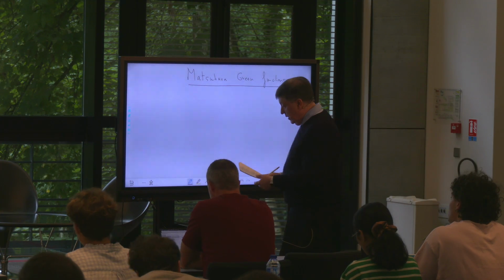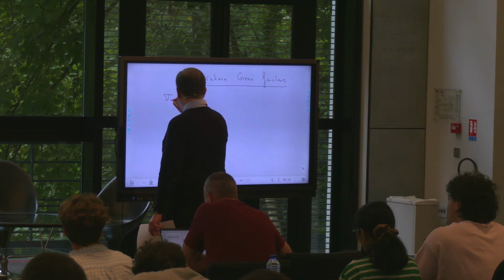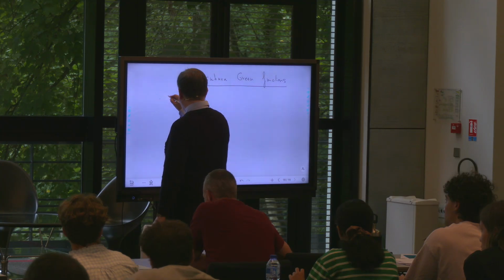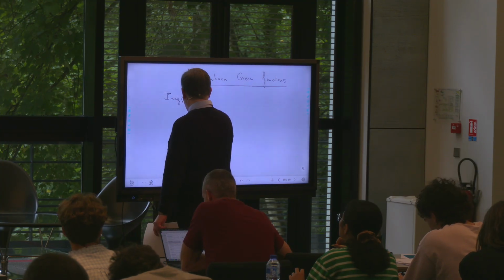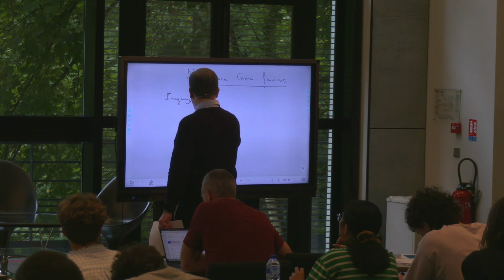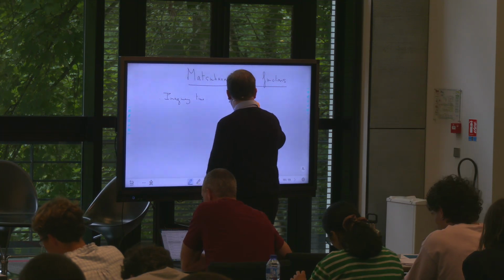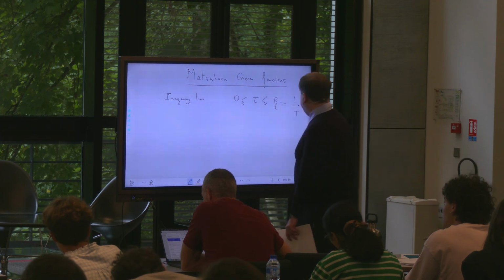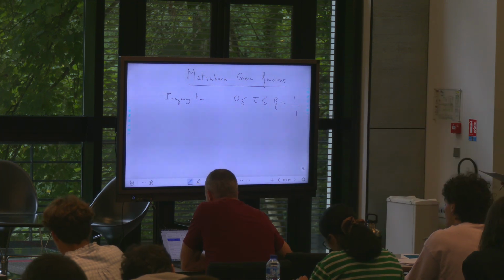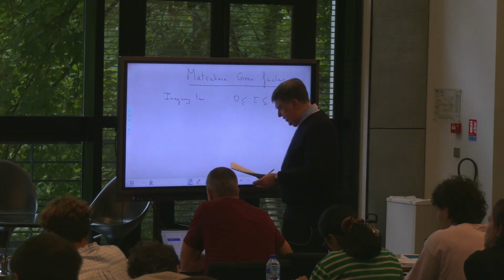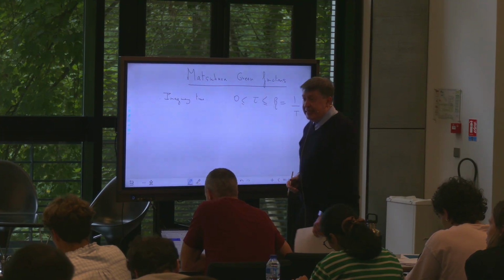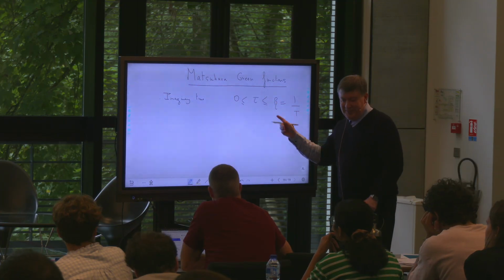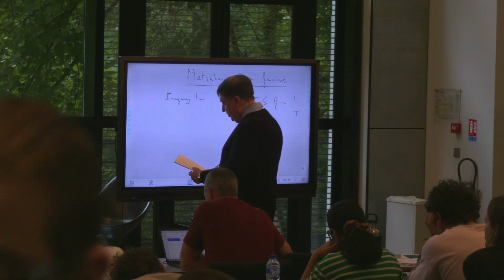We are going to work in imaginary time, tau between 0 and beta, which is 1 over the temperature. I put the Boltzmann constant equal to 1 here. So even though it's called imaginary time, tau is very well real here, but it's a matter of semantics.